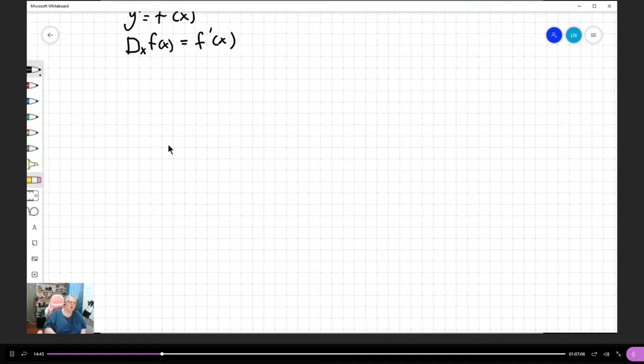For a polynomial, it's easy to do if you use a step-by-step method. For a rational function or a square root function, we have a slightly different pattern to go through. But regardless of what we've got, it's a matter of filling in the difference quotient and doing some algebra so that you're able to take the limit.